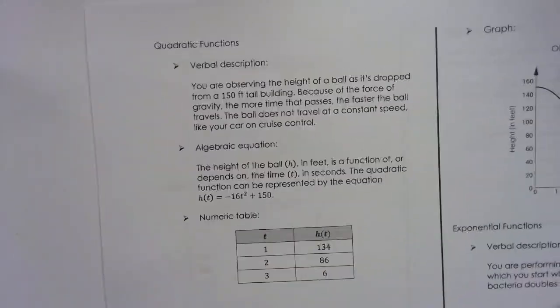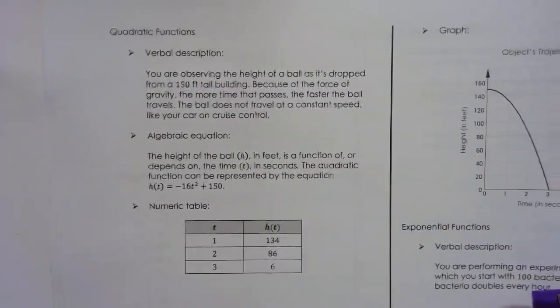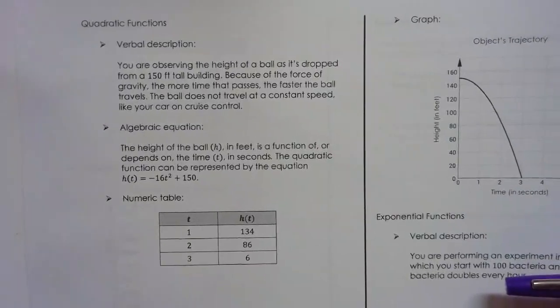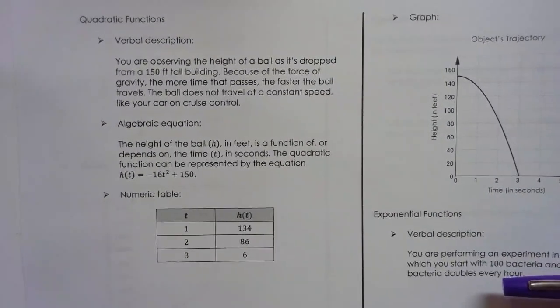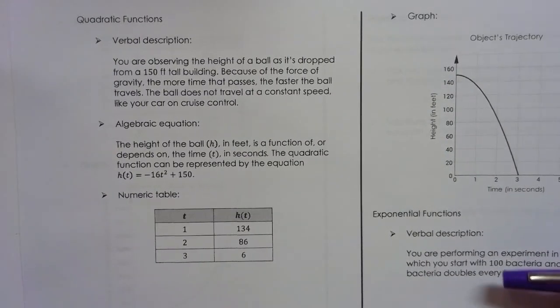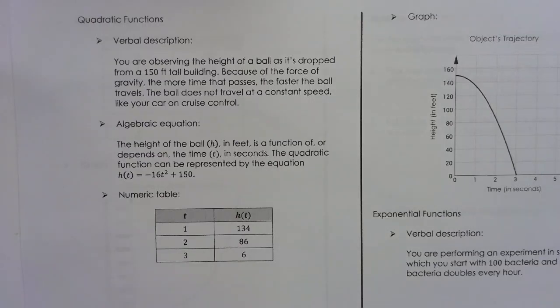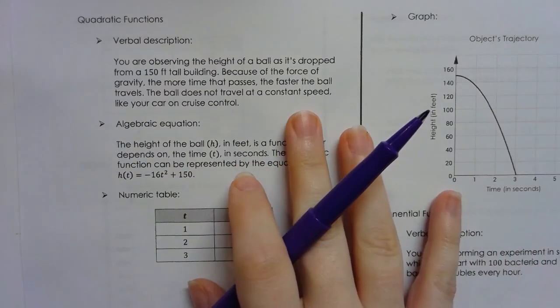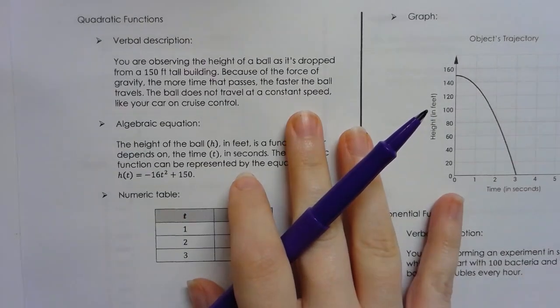So then quadratics, our favorite. So quadratic functions, which we've worked on for a while now, can be represented in all four ways as well. So a verbal description of a quadratic function would be, we used a lot of balls being thrown into the air or an object falling off of a building. So you're observing the height of a ball as it's dropped from a 150-foot tall building.